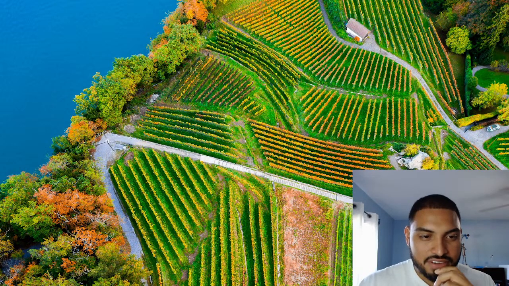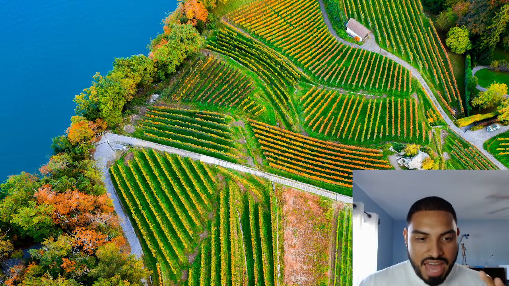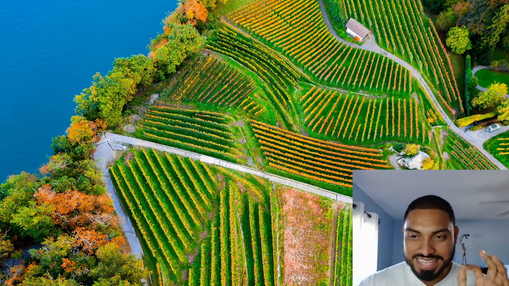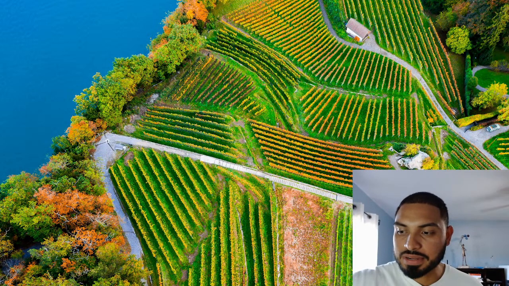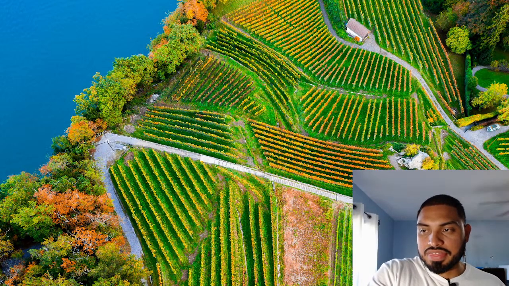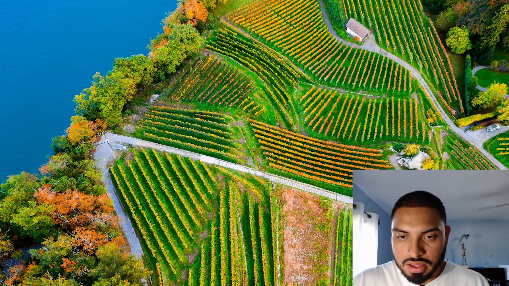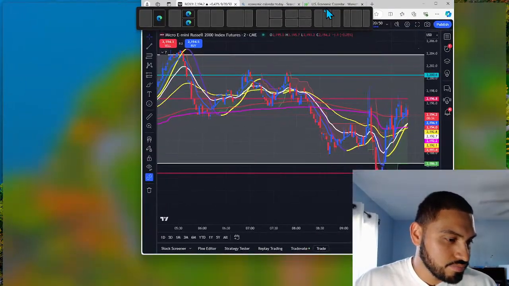Yeah, it did. We have a new pair of contracts on the M2K, but I don't think it's updated on TradingView. I think that is what happened and we can't see it on the chart. I absolutely think that's what's happening. So I think that's the culprit right there. It is what it is.